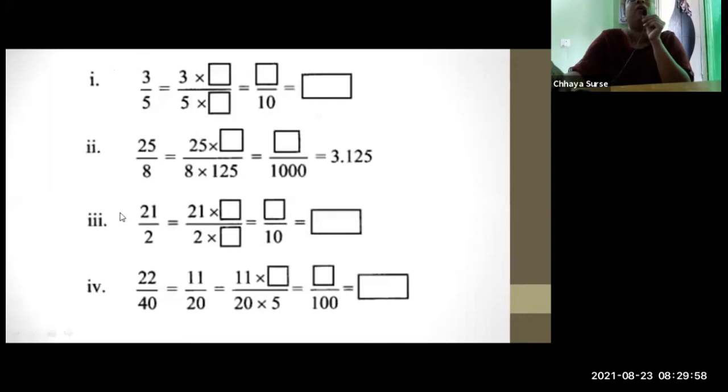These are common fractions, but they don't have a power of 10 here. 3 upon 5: here is the 5. In the denominator place there should be a power of 10, then you can convert into a decimal fraction.